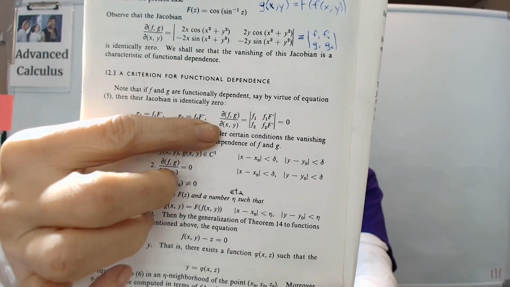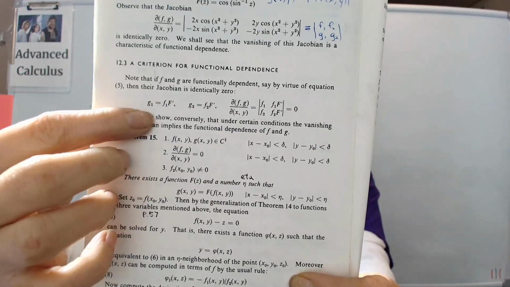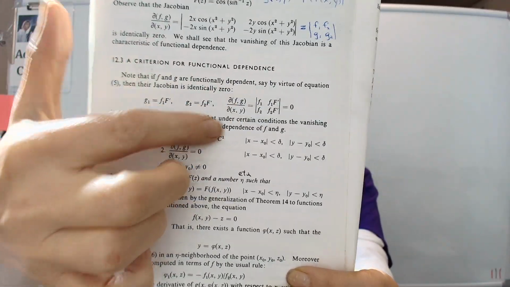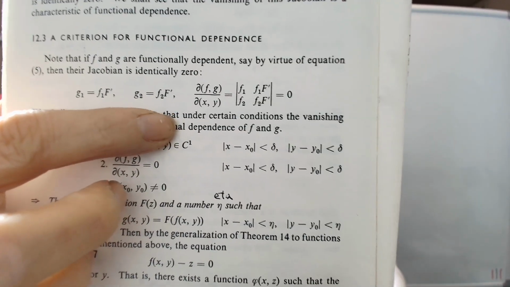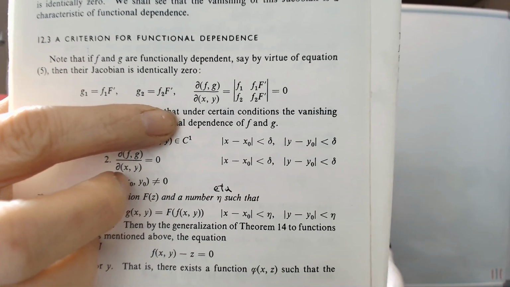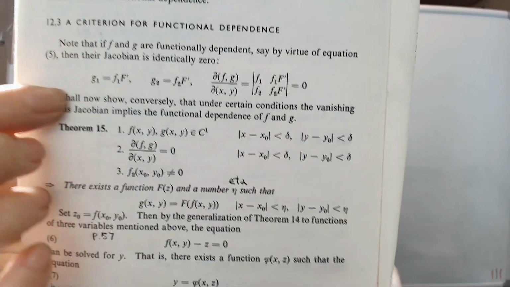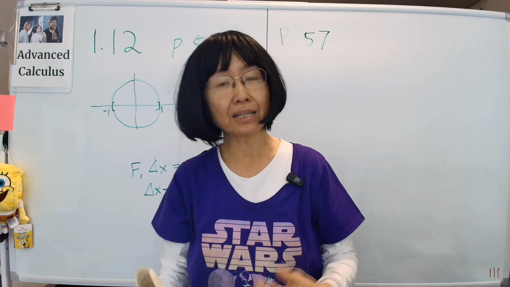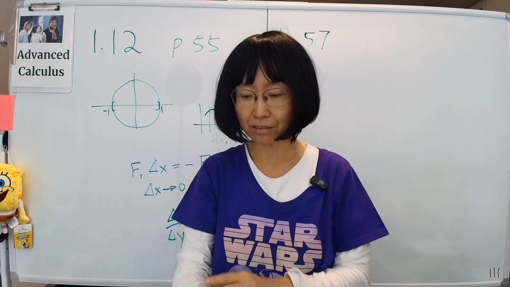So when you calculate this Jacobian, with f1, f2 in one row and g1, g2 in the other, you'll notice quickly that it equals 0, because the cross multiplication and subtraction is the same. That establishes that anything that's functionally dependent absolutely has to have a 0 Jacobian.